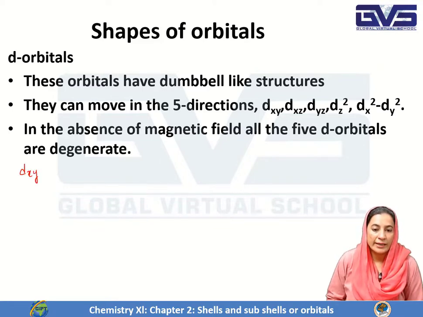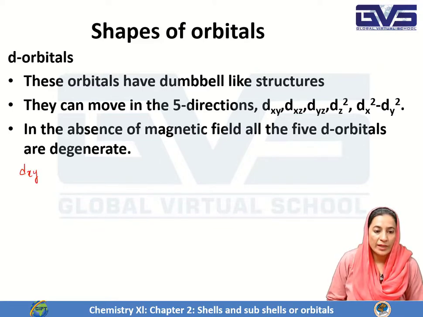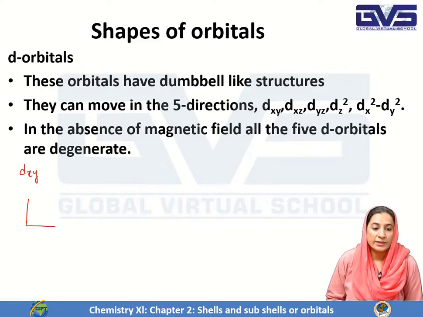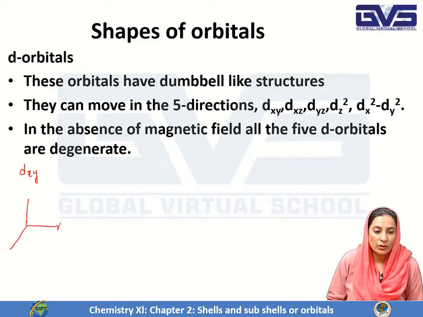First, we have dxy. dxy means the double dumbbells are between the x and y axes. So first you can draw the x, y, and z axes. This one is x, this one is y and z.